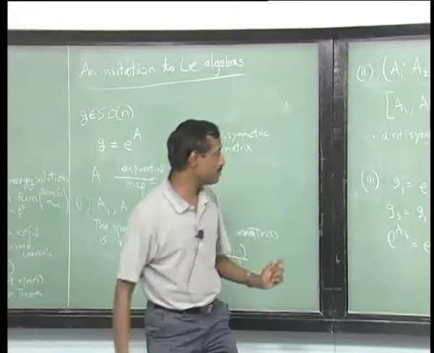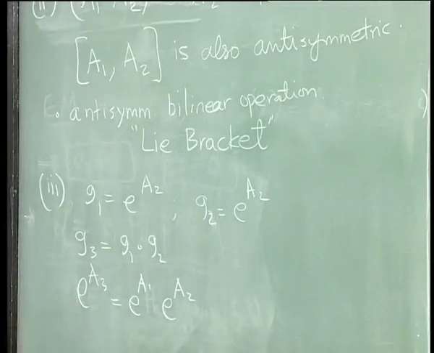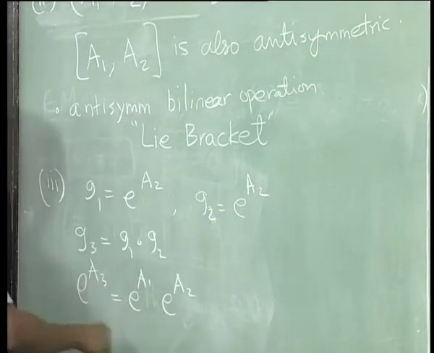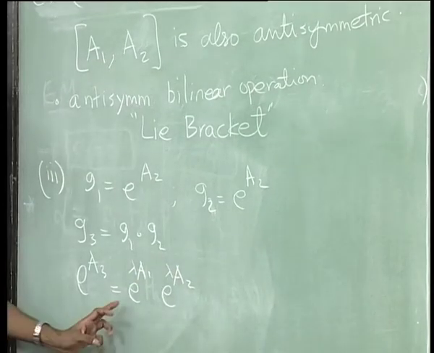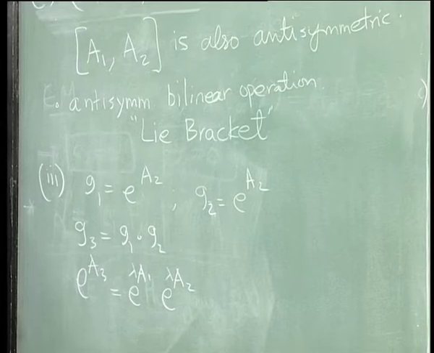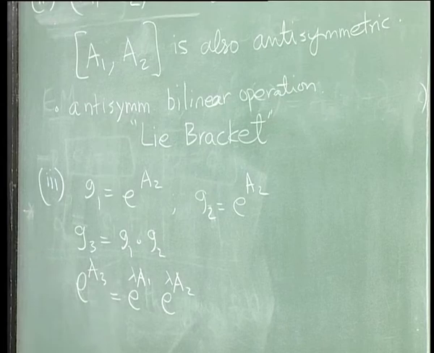You know that if you keep these to some order, you can only verify this to that order. So what you should do here is to work out, you can show. I will not prove it, I will just write something, put a lambda here, put a lambda here, go ahead and expand it, and then start collecting terms and re-exponentiating it. And that will give you A3. You know it has to combine back into that thing.